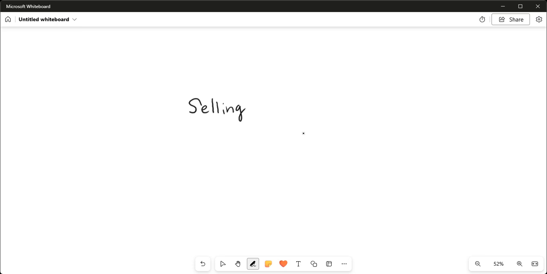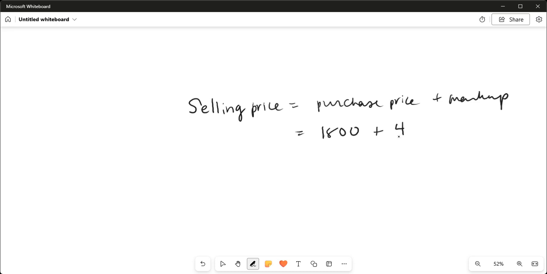So the selling price is going to be equal to the purchase price plus the markup again. We know that the purchase price was $1,800, and we know that the markup was 40% of the selling price.